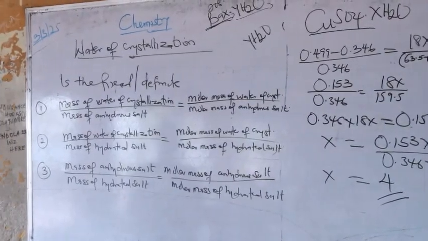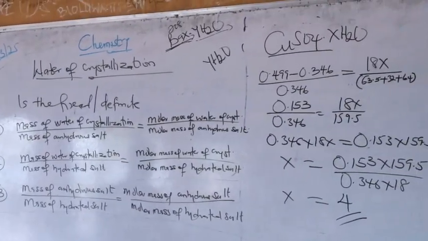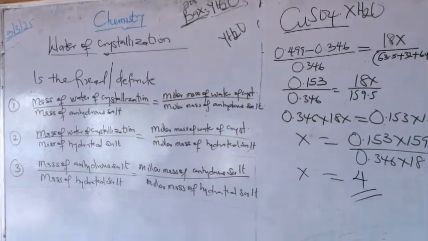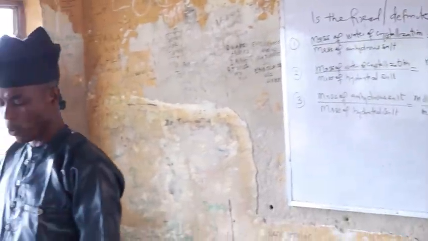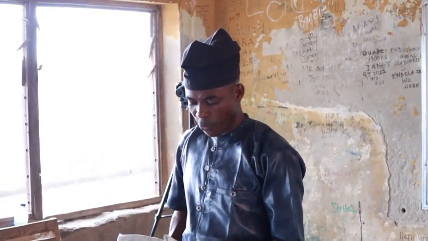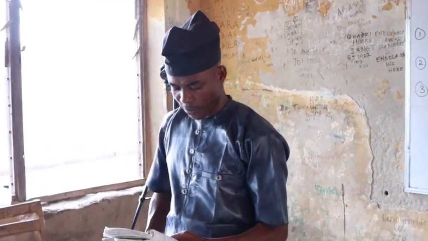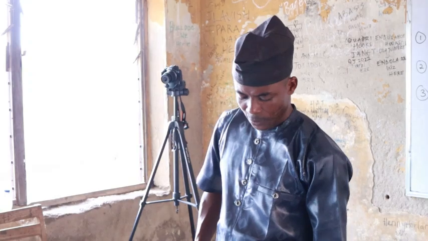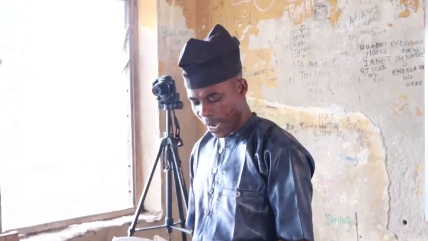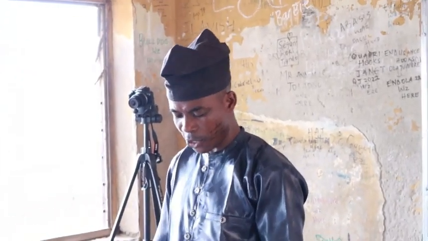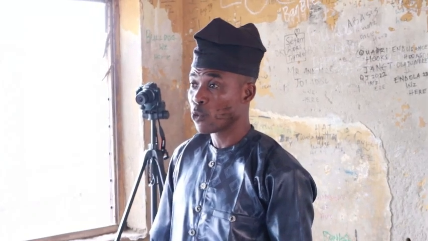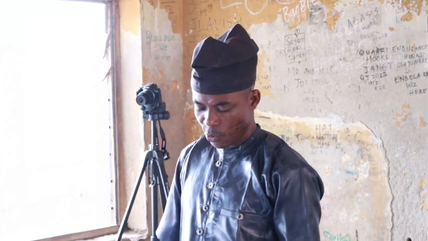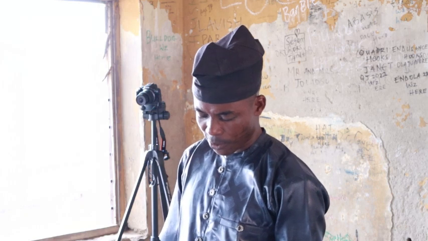Question 1. 2.4 gram of hydrated barium salt on heating gave 2.13 gram of anhydrous salt.